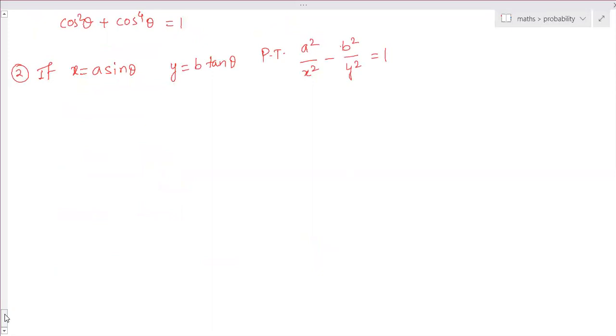X is equal to a sine theta, y is equal to b tan theta. Prove that a square by x square minus b square by y square is equal to 1. So what can be done here?